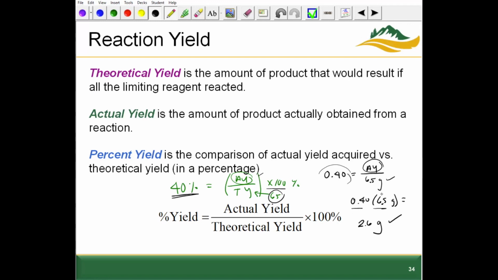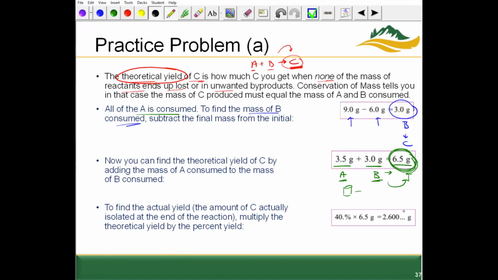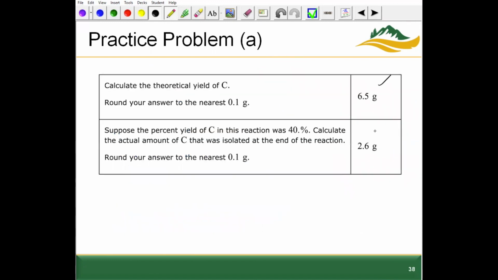So that 40% of 6.5 is 2.6 grams of C. Here are our final answers for the theoretical yield and then the actual yield.